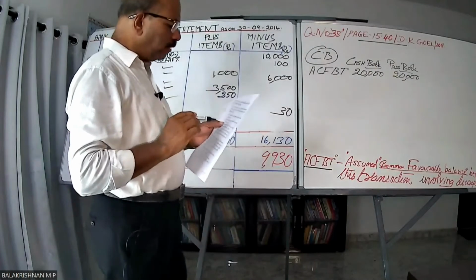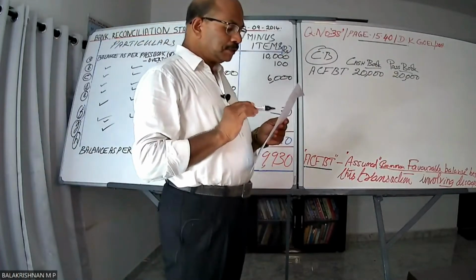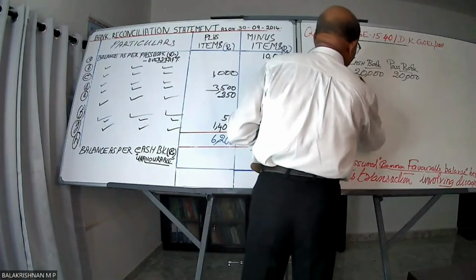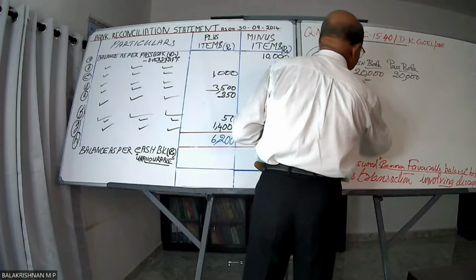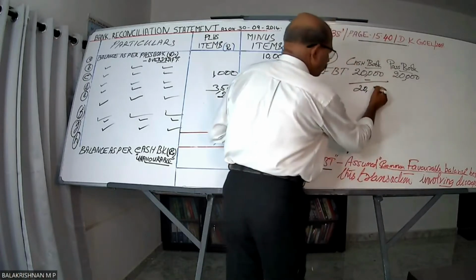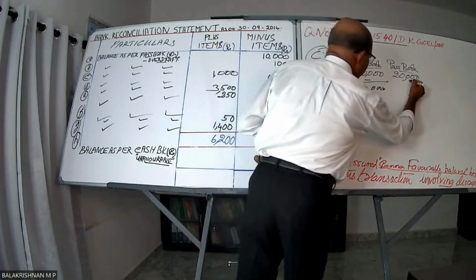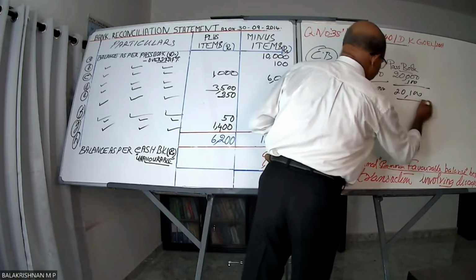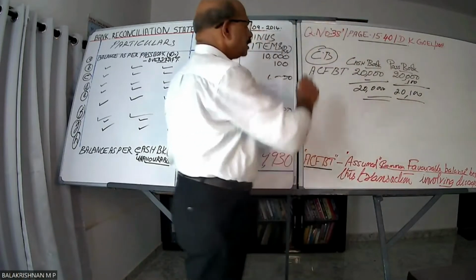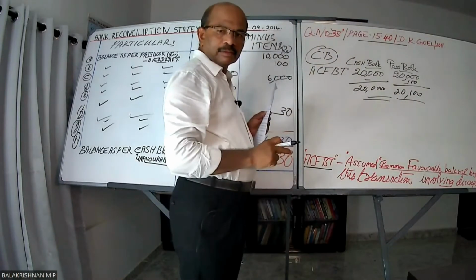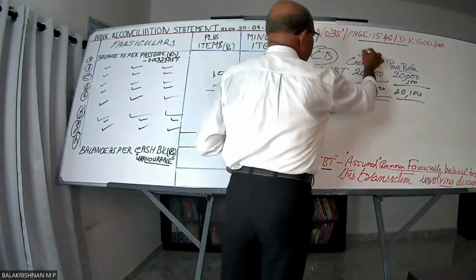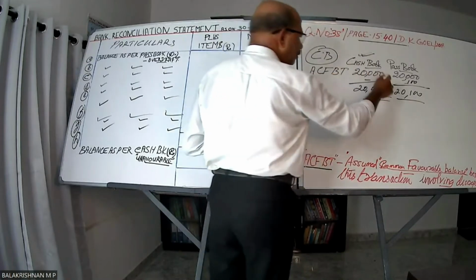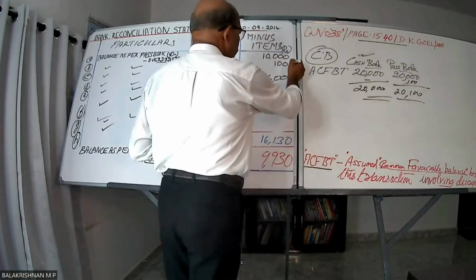Cash book has not recorded it, so it is still 20,000 only. Bank, naturally, when deposited, has recorded. Cash book being the concerned book, the effect will be on this book only throughout the sum. Yes, it's a decreasing effect. Why? As compared to the other book, it is 100 rupees less only. Hence, I have shown this here.